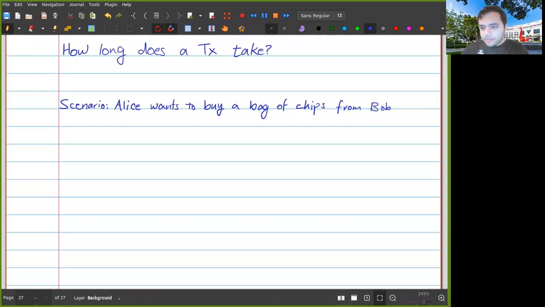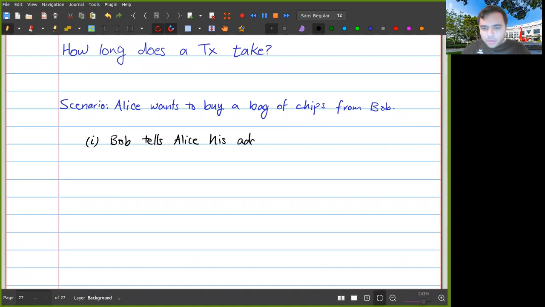And of course, the payment is supposed to be on the blockchain. So if you have a scenario like this, we already know that Alice should create a transaction that pays the money to Bob. So the steps are quite easy. The first step is that Bob tells Alice about his address or his public key.